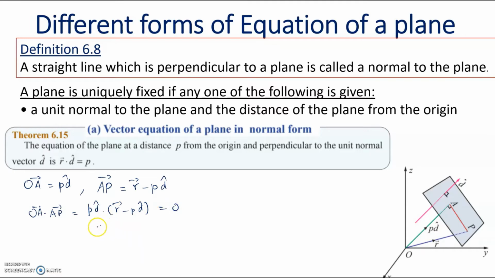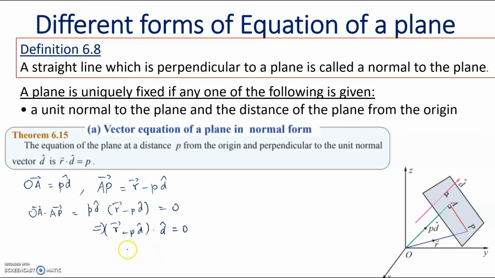You can further rearrange this as r minus p d cap dot product with d cap is equal to 0. I'm just removing the p from here.